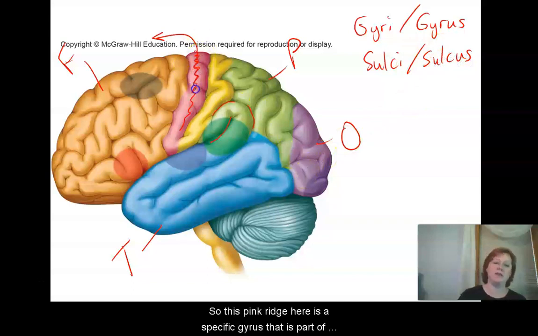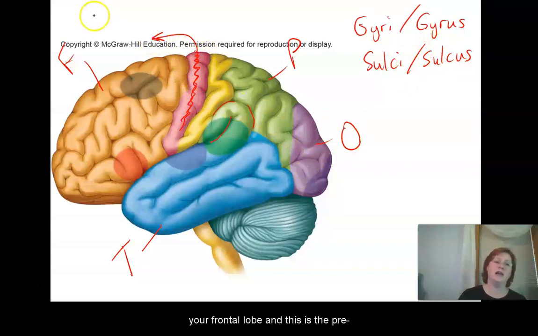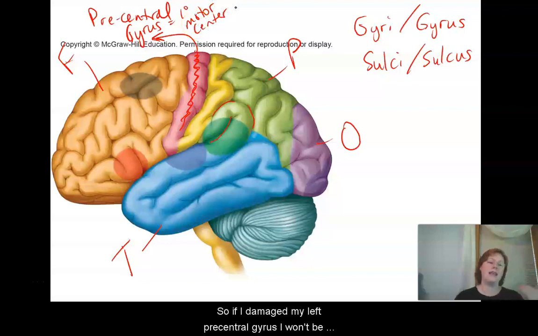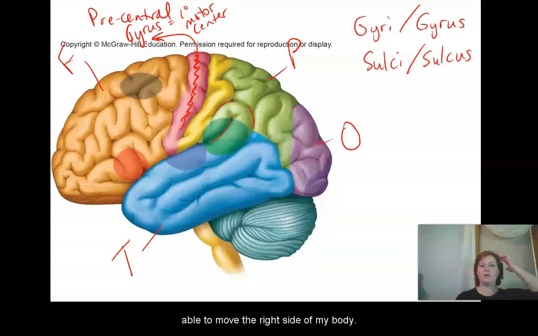So this pink ridge here is a specific gyrus that is part of your frontal lobe, and this is the precentral gyrus. And this is your primary motor center. So if I damage my left precentral gyrus, I won't be able to move the right side of my body.